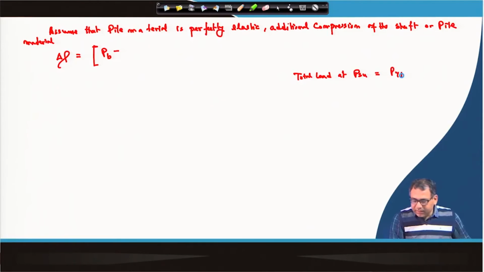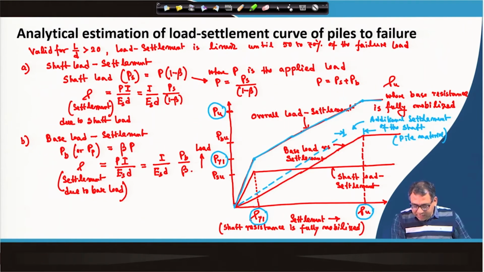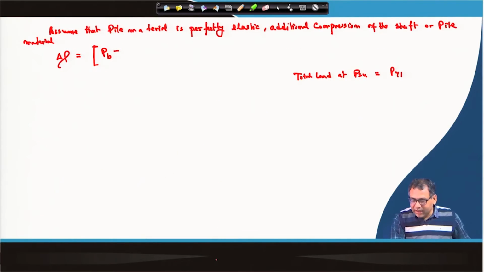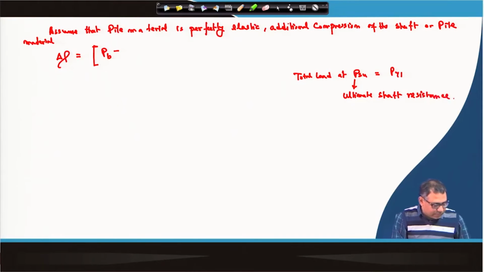What does it mean? When the ultimate shaft resistance is P S U, in that case the total load is P y 1.